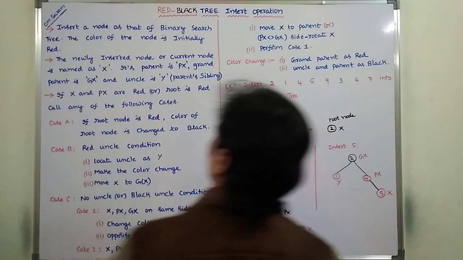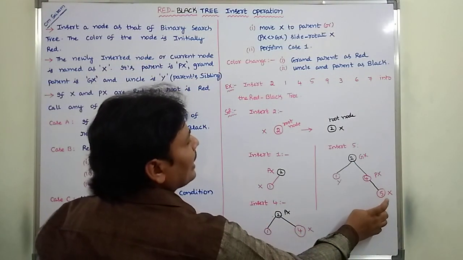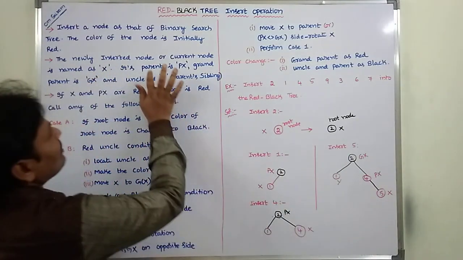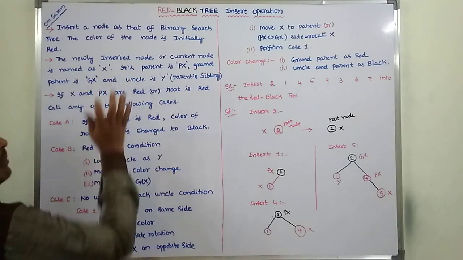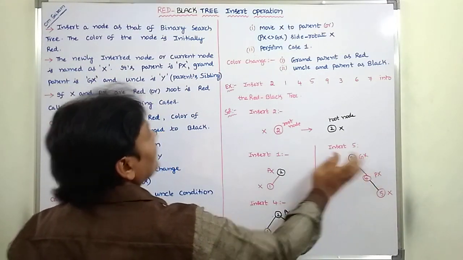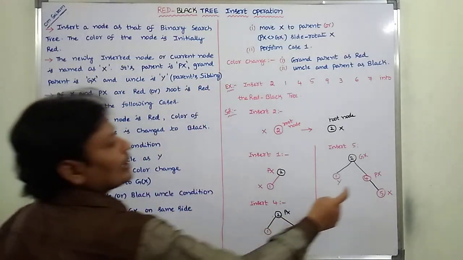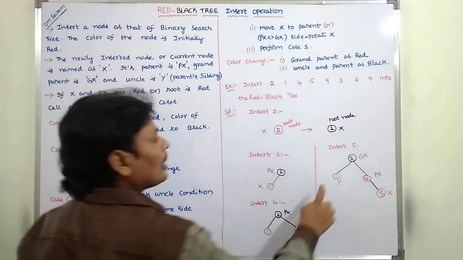Now go to this step. The newly inserted node or current node is 5, denoted as x. Its parent is px, that is 4, and grandparent is gx, that is 2, and its uncle, meaning parent's sibling or grandparent's son, is the uncle.